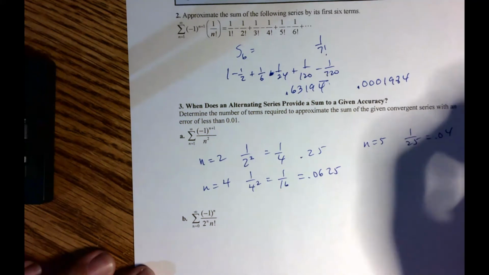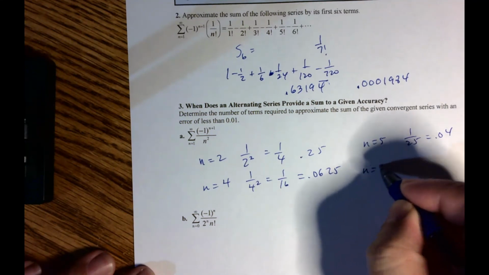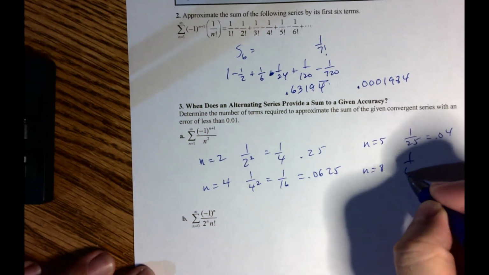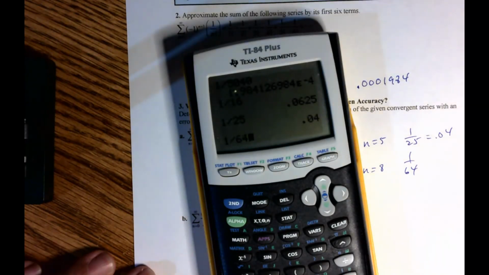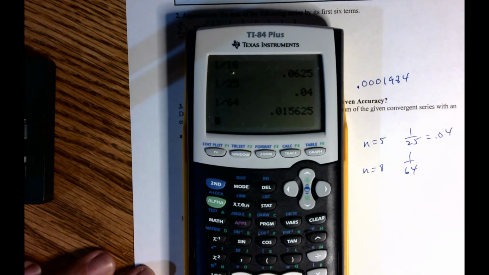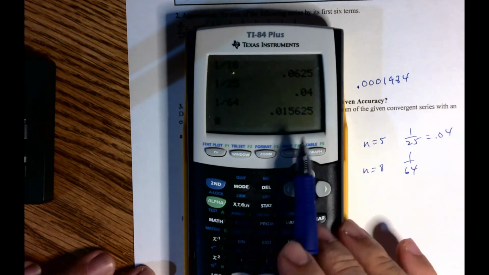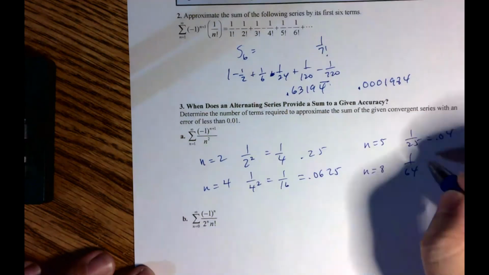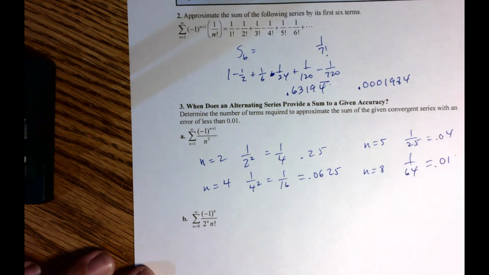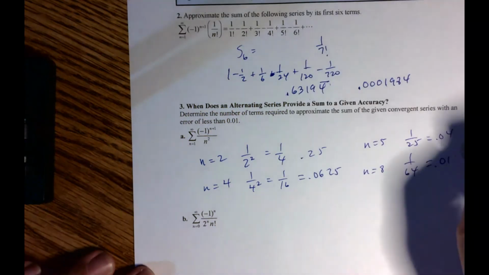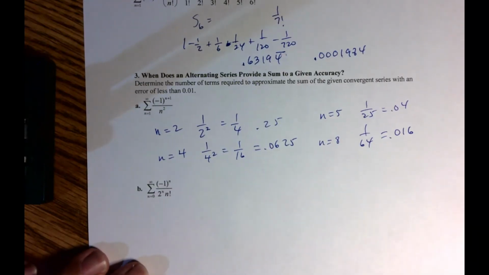All right, so let's just jump ahead. Let's try n equals 8. So that's 1 over 64. 1 divided by 64 is 0.015625. So I'm still too far away.